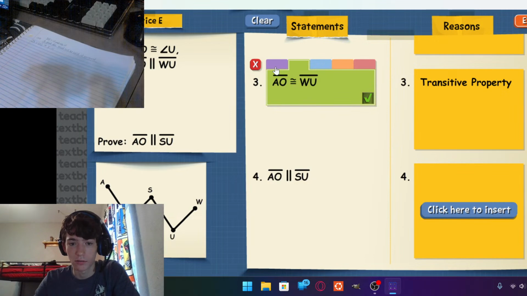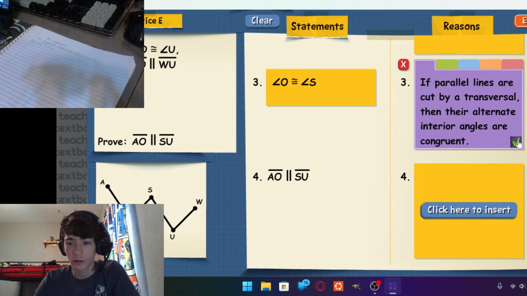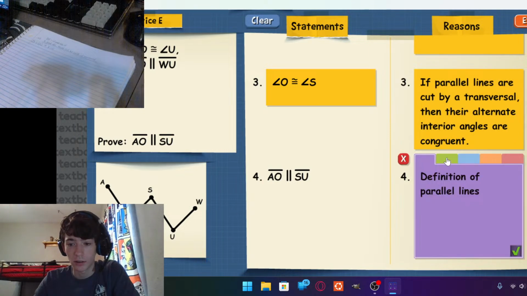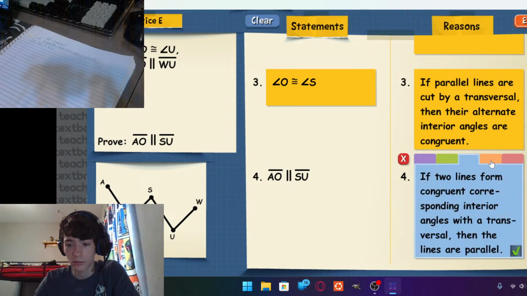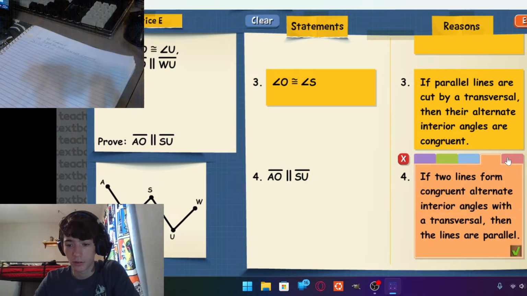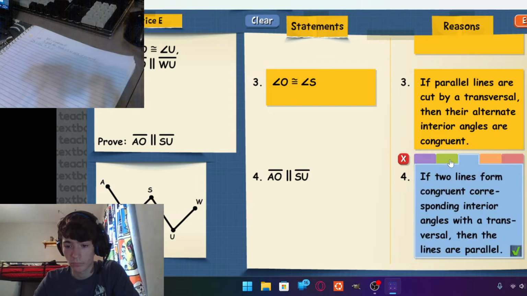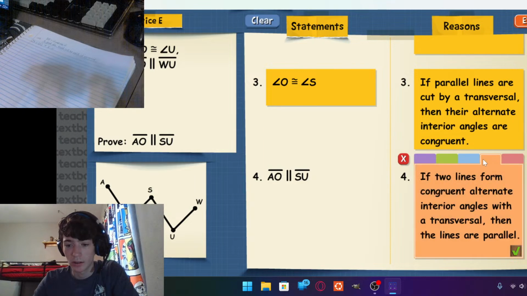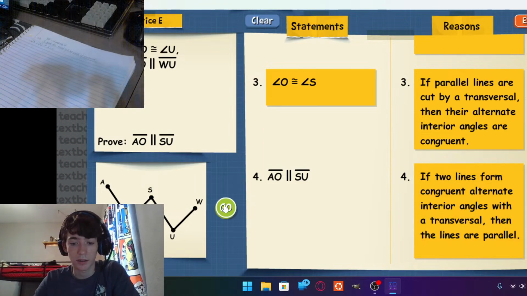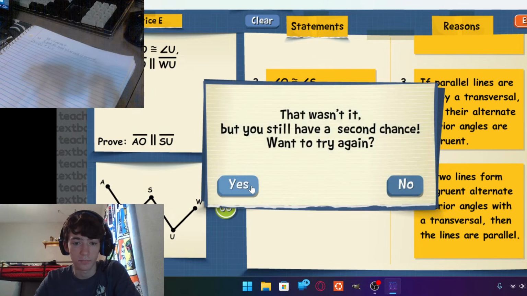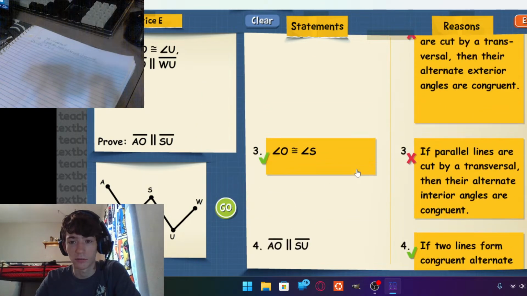It's going to be this one, I think, and alternate interior angles. And then it's going to be, oh gosh. It's got to be this, right? I spent way too much time on that. Darn it. Okay, I can try again though.